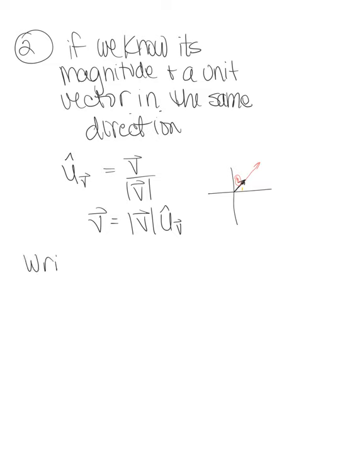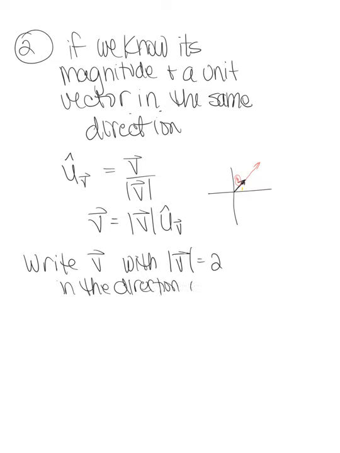Let's write the vector v with magnitude of 2 in the direction of any other vector, let's call it w, having components 1/2 and square root of 3 over 2.